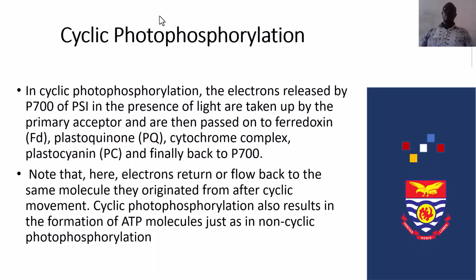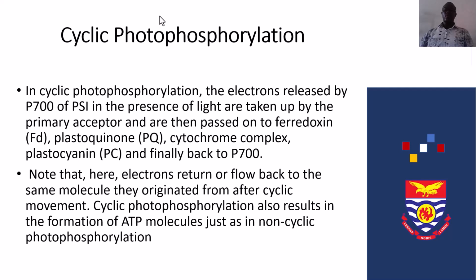Cyclic photophosphorylation. In cyclic photophosphorylation, the electrons released by P700 of photosystem 1 in the presence of light are taken up by the primary acceptor and are then passed on to ferredoxin, plastoquinone, cytochrome complex, plastocyanin, and finally back to P700. Note that here electrons return or flow back to the same molecule they originated from after cyclic movement.